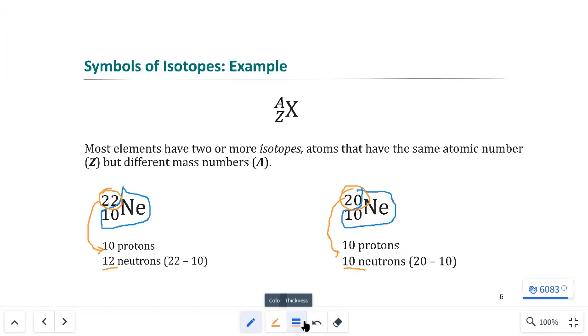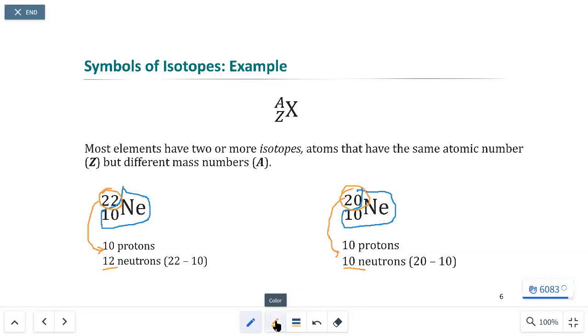So when we have two elements of the same kind, but they have different mass numbers, that's what an isotope ultimately is. And we can tell an isotope apart based upon its mass number.